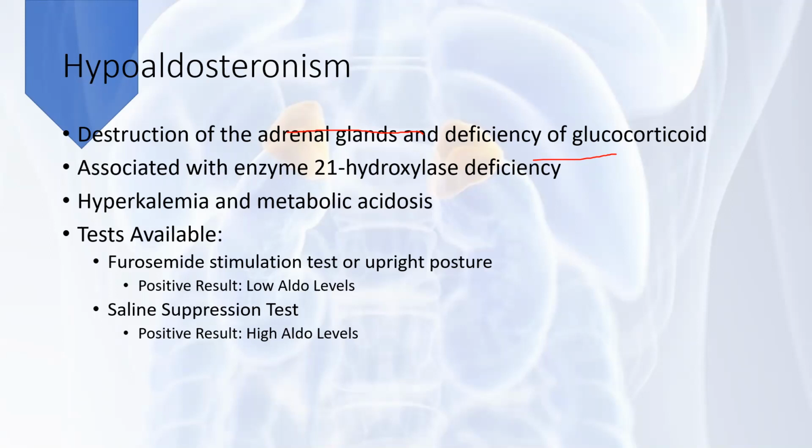On the other hand, hyperkalemia and metabolic acidosis is seen in a patient with hypoaldosteronism. Test available is the furosemide stimulation test or upright position. A positive result includes low aldosterone level. And lastly, we have your saline suppression test, which gives you a high aldosterone level.